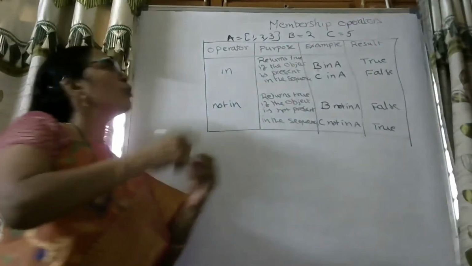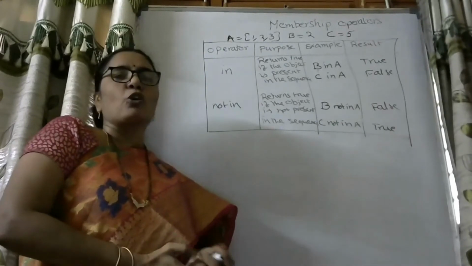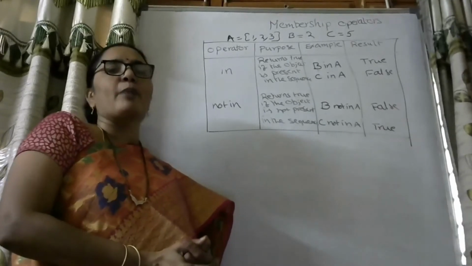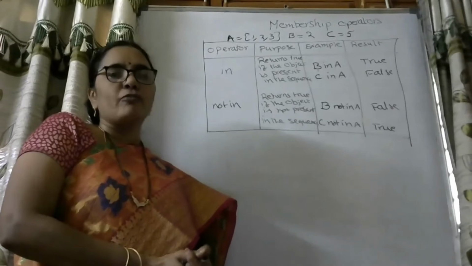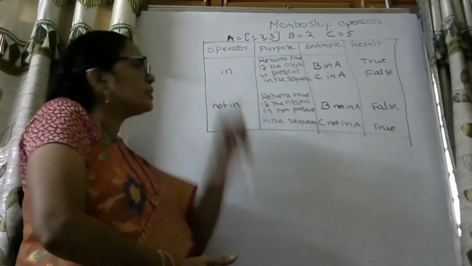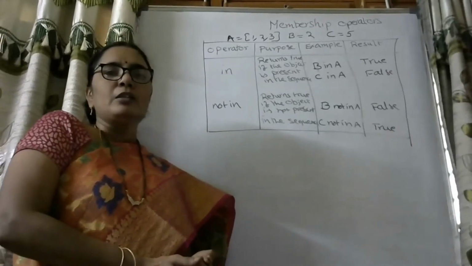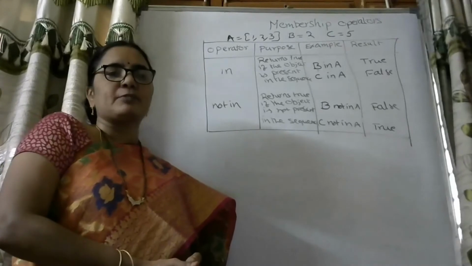To explain again, I am taking a list A is equal to 1, 2, 3, and the normal variables B is equal to 2 and C is equal to 5. The first operator is the in operator, which returns true if the object is present in the sequence.